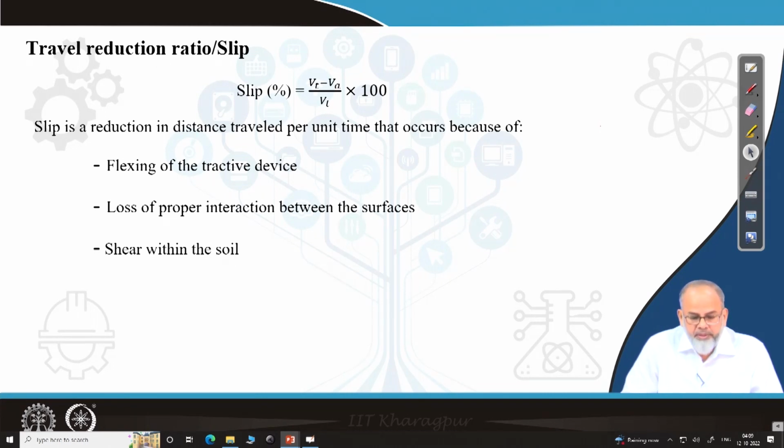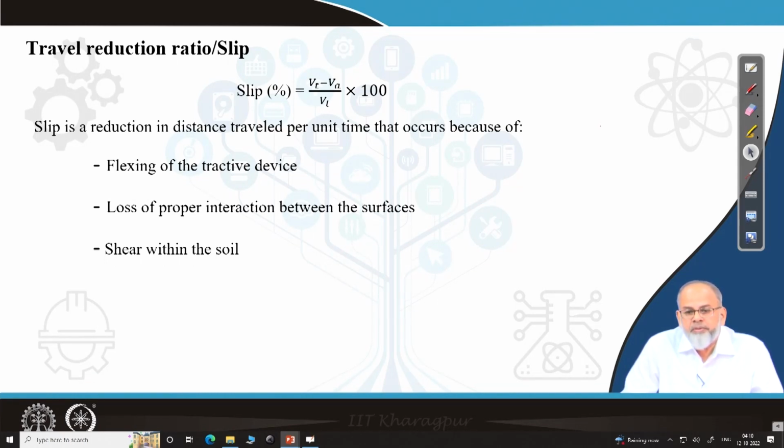Now, slip, as you know, everyone says the wheel slips. What exactly is happening is the wheel is not covering the same distance as it is supposed to cover. If the original velocity is Vt, that means there is no load applied to the wheel, we simply roll the wheel.